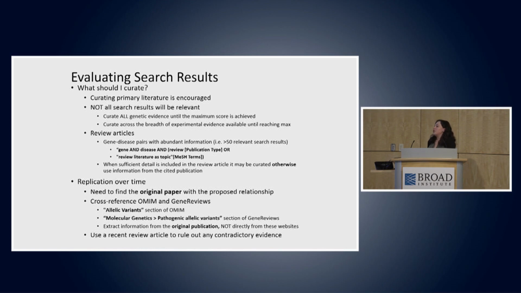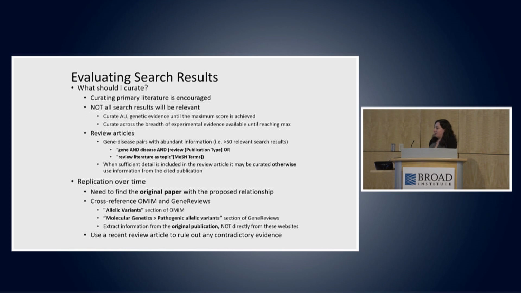And to look for replication over time, you need to find the original paper with the proposed relationship in humans. OMIM is pretty useful for that in the allelic variant section. GeneReviews, you can also look in the molecular genetics section, pathogenic allelic variants. But extract information from the original publication just to make sure it is the first publication, especially if you're looking at replication over time.